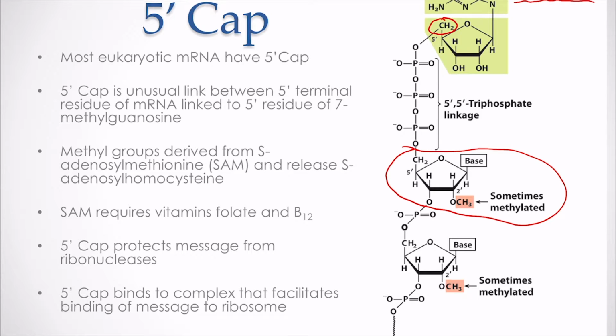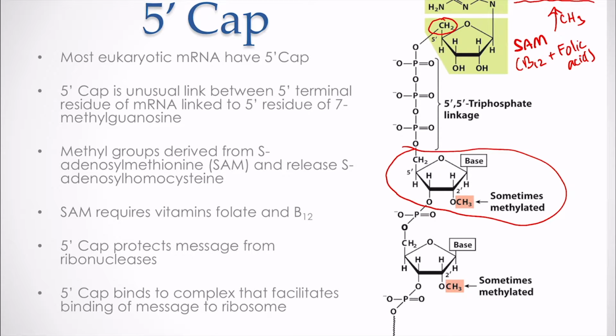And so where did this guanosine get its methyl group? Well, it's got its methyl group from SAM. So basically, SAM, which is a single carbon donor, which requires vitamin B12 plus folic acid, will provide the methyl groups to add to our guanosine for our 5' cap.